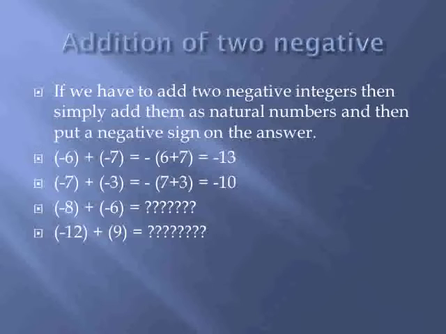Now take them in brackets. Since 6 is negative and 7 is also negative, we take the negative sign as common and put the 6 and 7 in the bracket. Add 6 and 7, which equals 13, and put the minus sign. You get the answer.